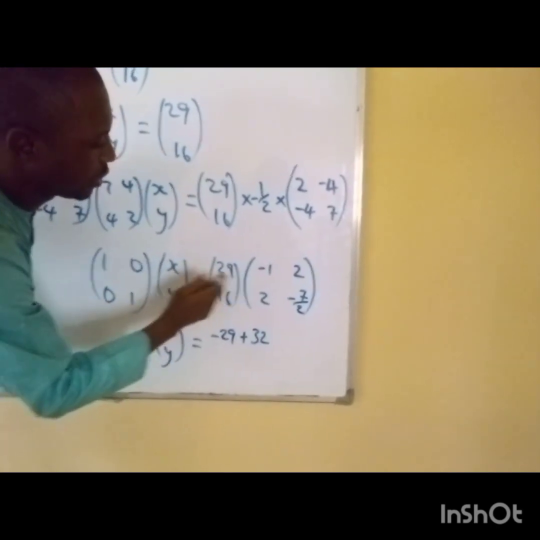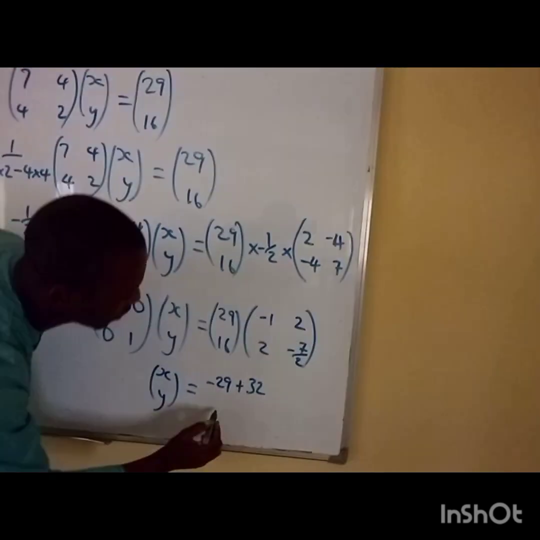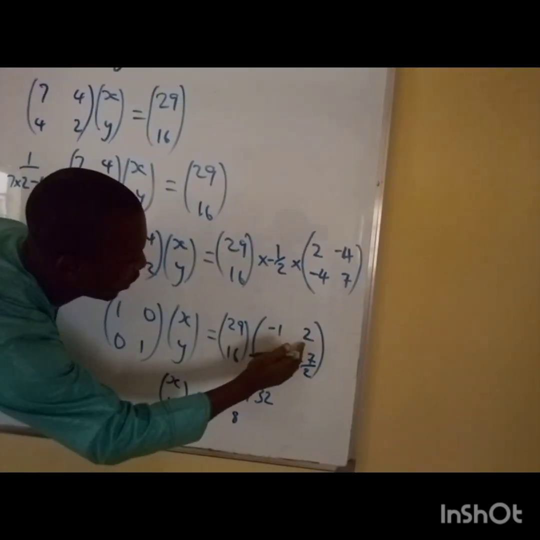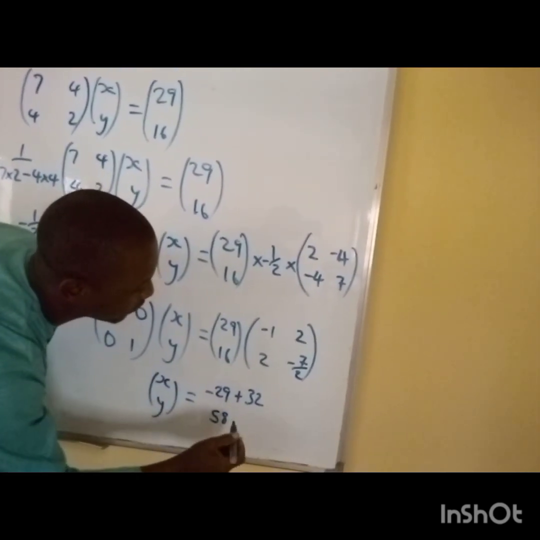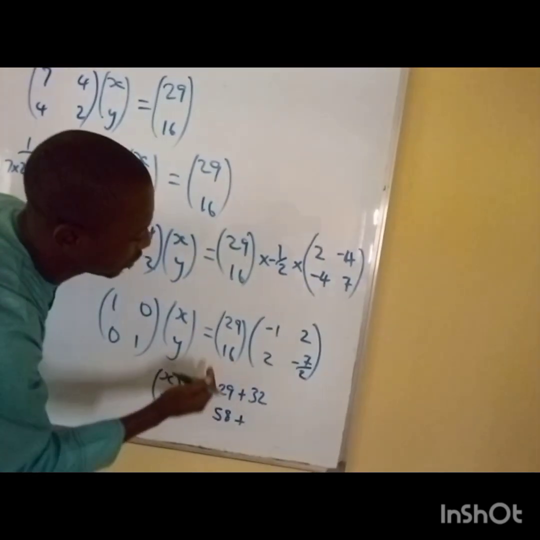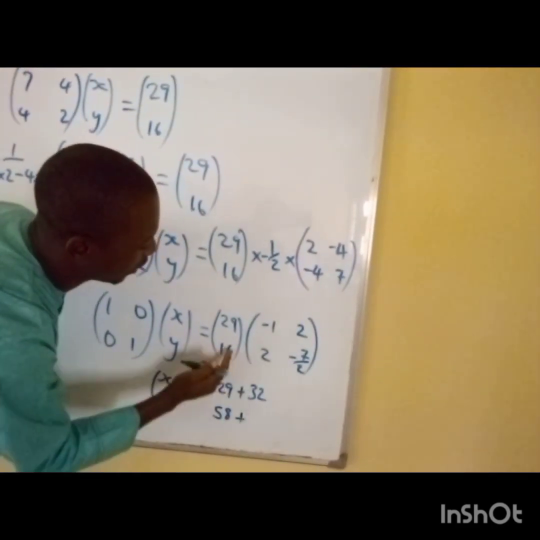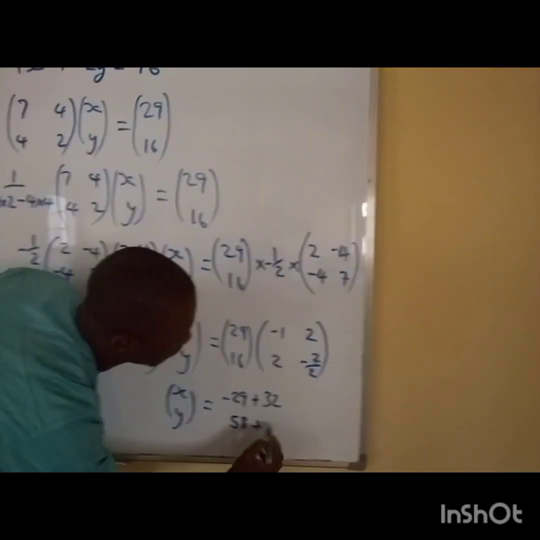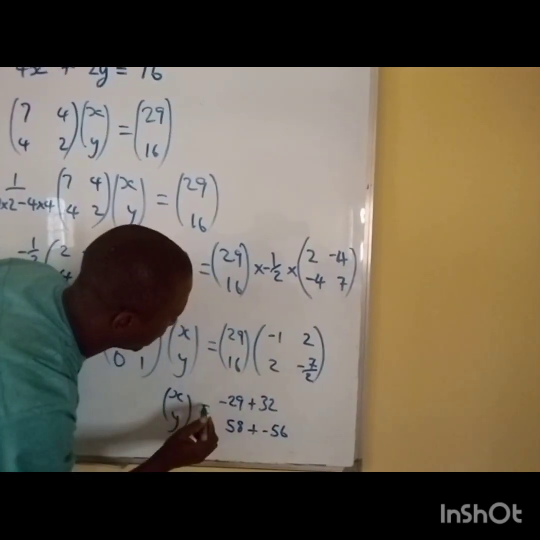Then 29 times 2 again will give us 58, plus 16 times minus 4 times 1 over 2, which is 8, 8 times 7 will give us 56.